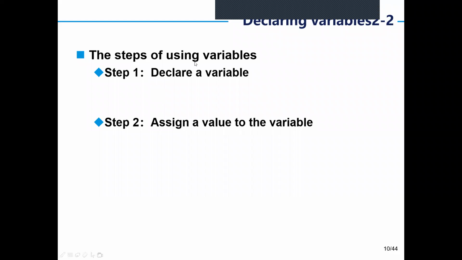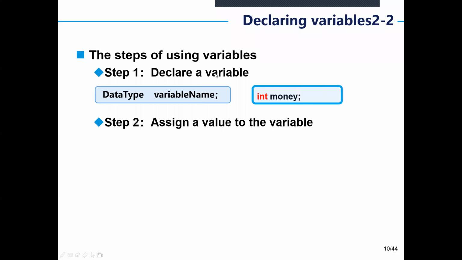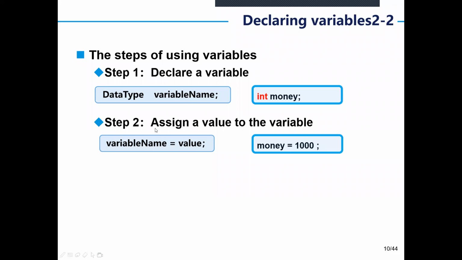The steps of using variables are shown below. Step 1, declare variable data type. The syntax is data type variable name. Step 2, assign a value to the variable, such as variable name is assigned to value.